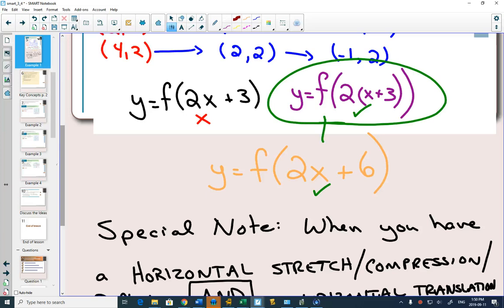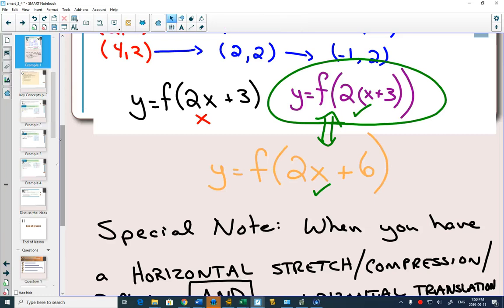Can you see that these two are the same if you distributed that 2 or if you factored the 2 out? The purple and the orange one are the same. But you're going to want to write the black one. Okay? But that black one doesn't move it 3 to the left.